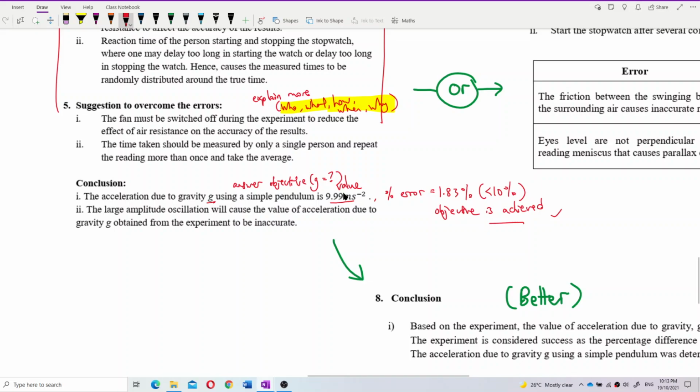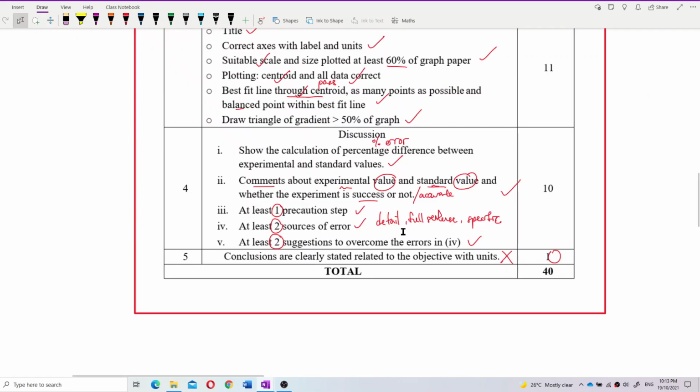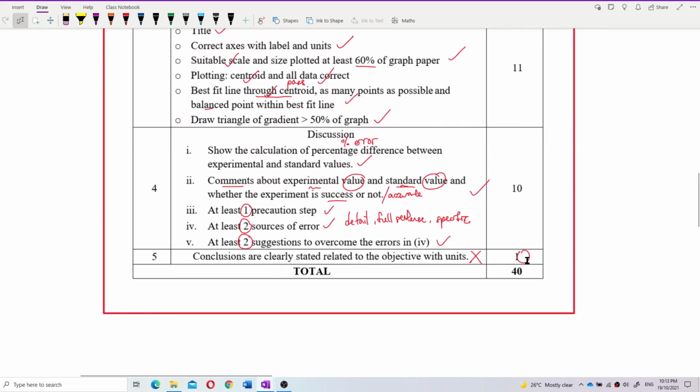This is the required value, and also you must give the percentage error, and also must say whether the objective is achieved or not in the conclusion. If less than 10% means objective achieved. You must say like that. So you must state the percentage error. You didn't state. Okay.